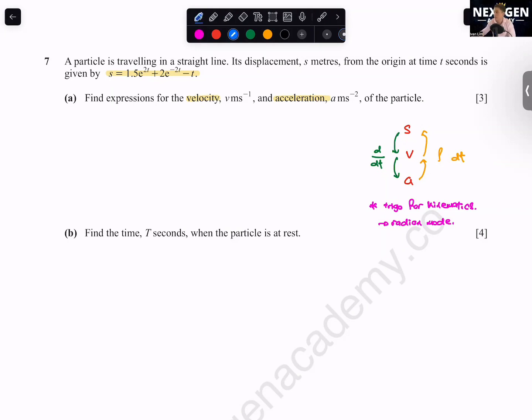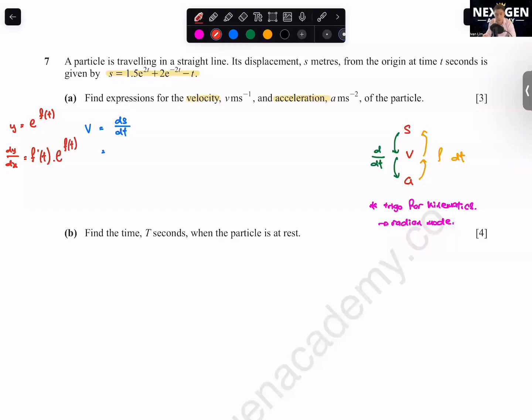v is ds over dt, so I'm going to differentiate this. s is displacement. What is our differentiation for exponential? If y equals e to the power of a function, dy over dx is you differentiate the power, then multiply by the original function.